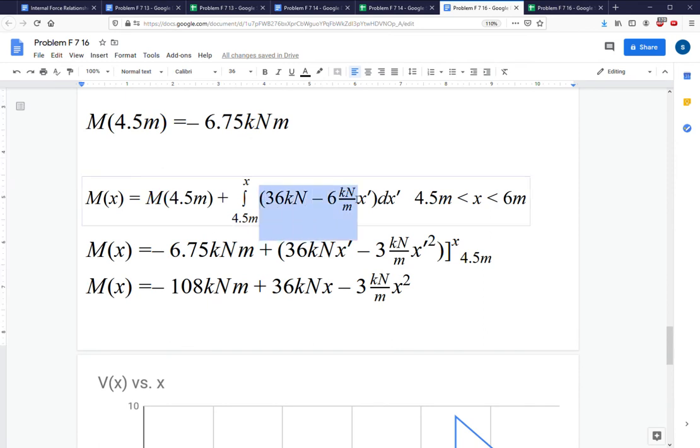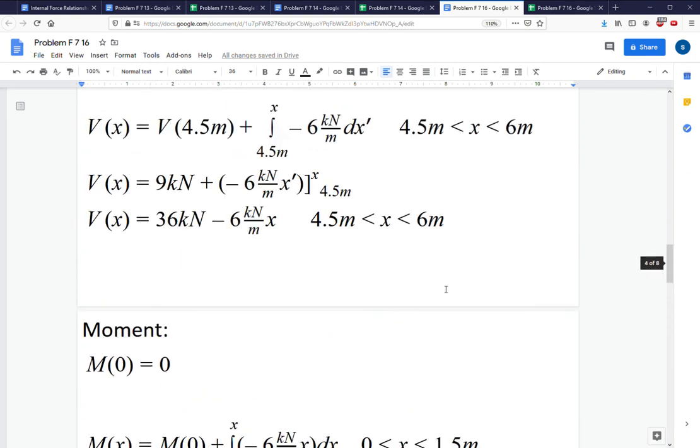The integral of that shear function, we can first do the indefinite integral, so 36 kilonewtons becomes 36 kilonewtons x, and negative 6 kilonewtons per meter x becomes negative 3 kilonewtons per meter x squared. x to the first becomes x to the second, and then we divide by this 2. And so we get that the moment function for that last bit of the beam is given by this formula right here.